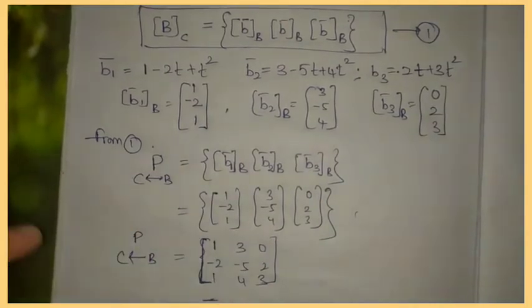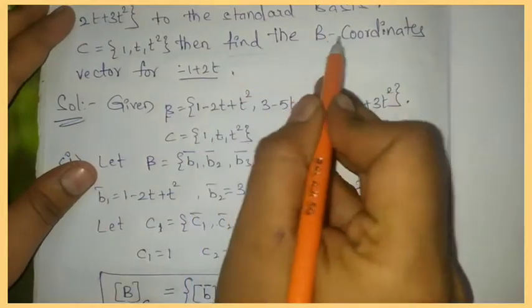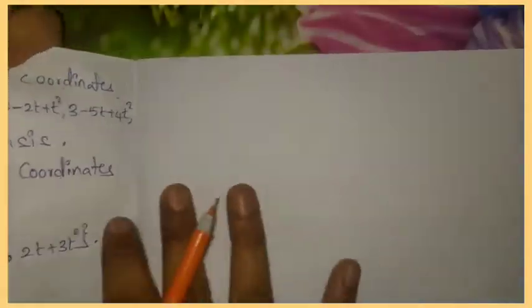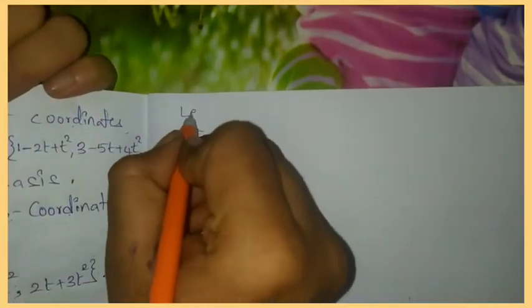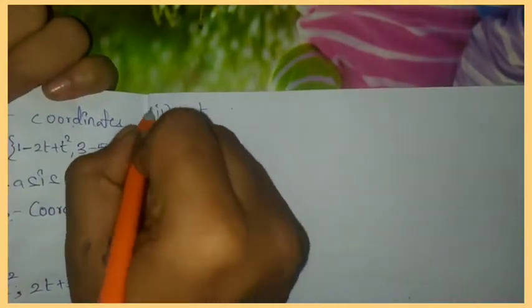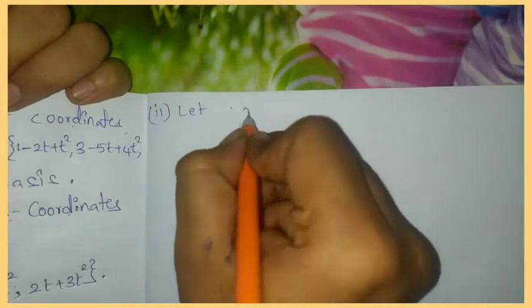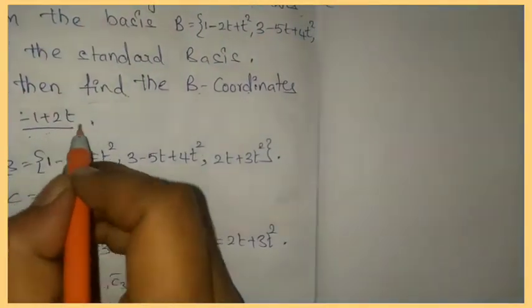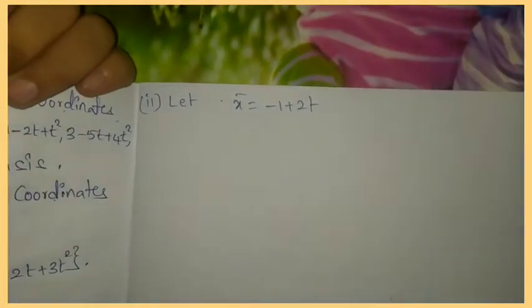Now look at the second. In this second question, find the B coordinates vector for, let, this is the second one, let x bar is equal to minus 1 plus 2t. Here minus 1 plus 2t is given, so I took it as x bar.